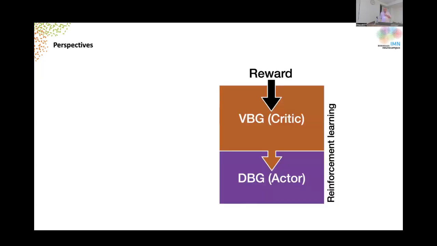So if we try to summarize what we have for now, it looks like we can segregate our system into a critic that we found both in the ventral striatum and ventral GPe, but maybe also part of it is still present in the dorsal part of the structure, and an actor that we already defined, but we find again with neurons related to action.